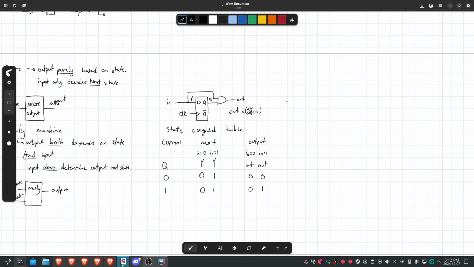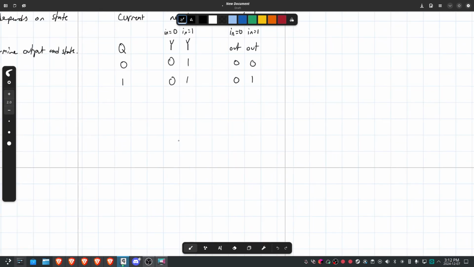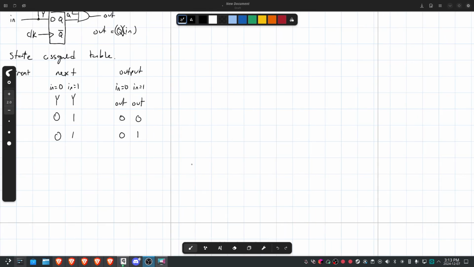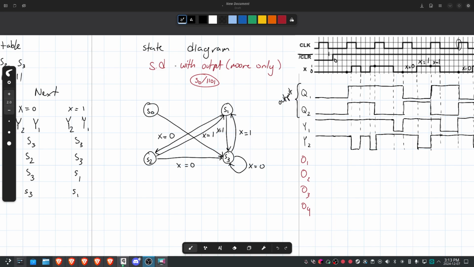Let's draw a Mealy state diagram for this. Now, a Mealy state diagram is a little different. You remember how I said in the Moore diagram, if we have an output, we draw it in the circle. However, the state no longer determines the output. The state and the input determine the output.